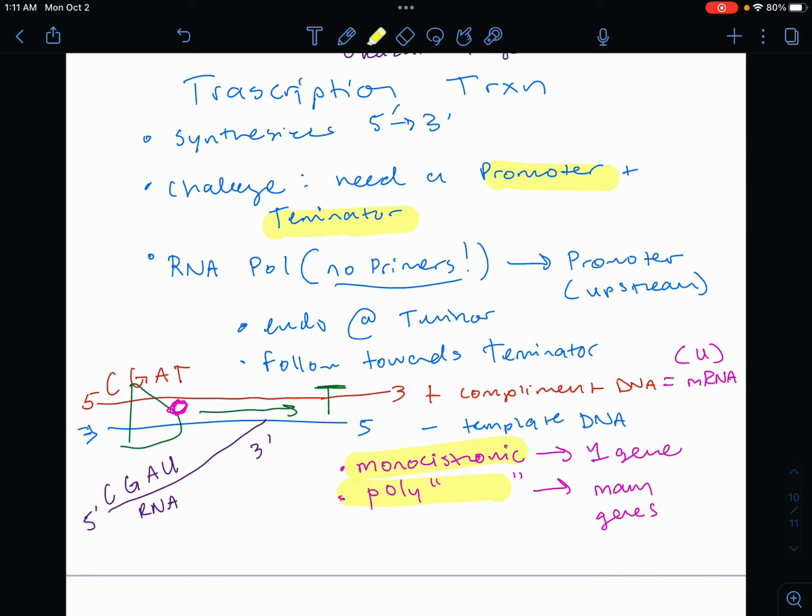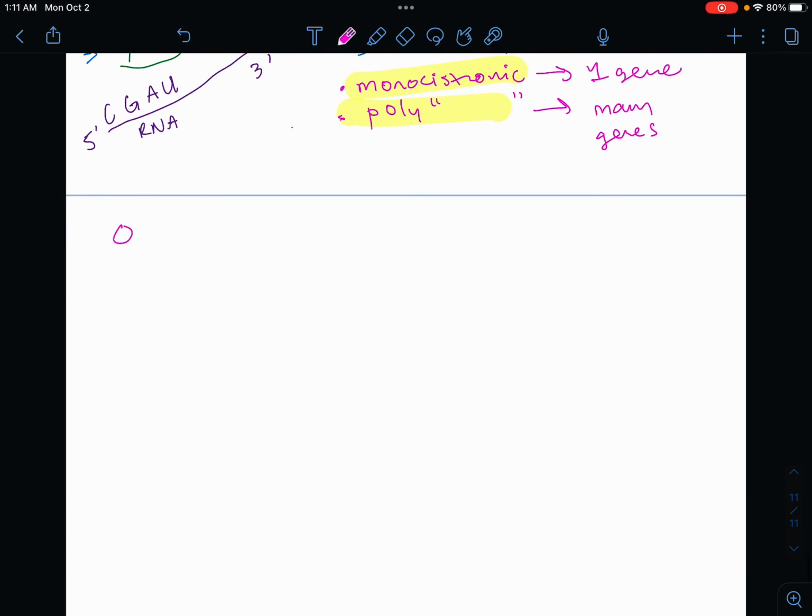Okay, let's talk about that sigma factor that we were talking about here. We drew it in pink, so let's write about it in pink. So sigma factor. This is going to find the promoter. It's going to bind to a subunit on the polymerase.